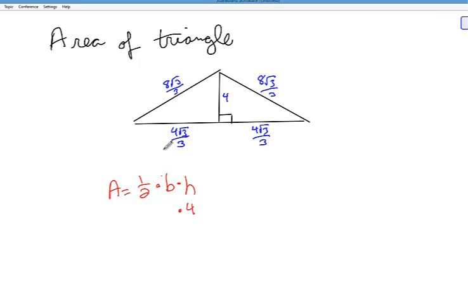My base is these two things added together. But I want 1/2 of it. So if I think about half of my base, it is exactly half. So it is actually going to be just this. So it's actually going to be 4 square root of 3 over 3 as this entire thing, because I want half of my base.